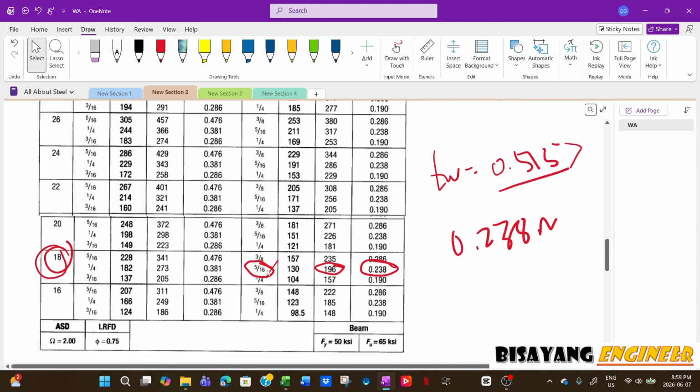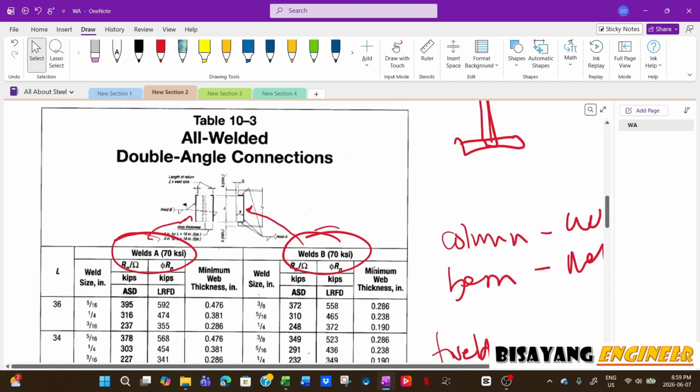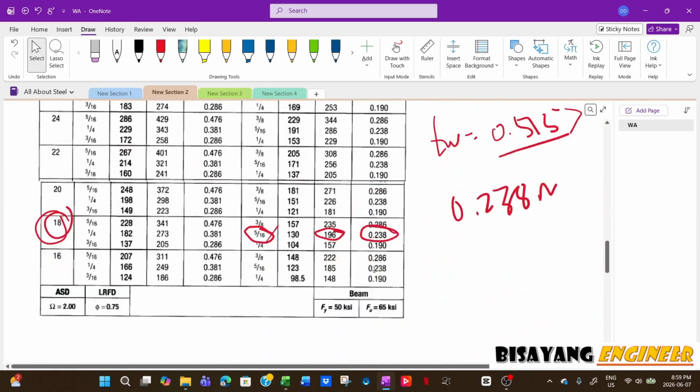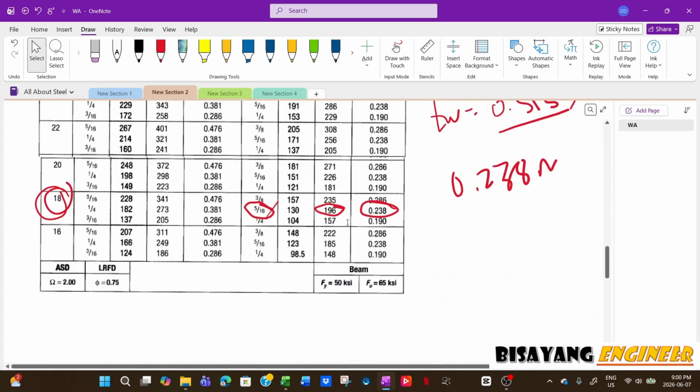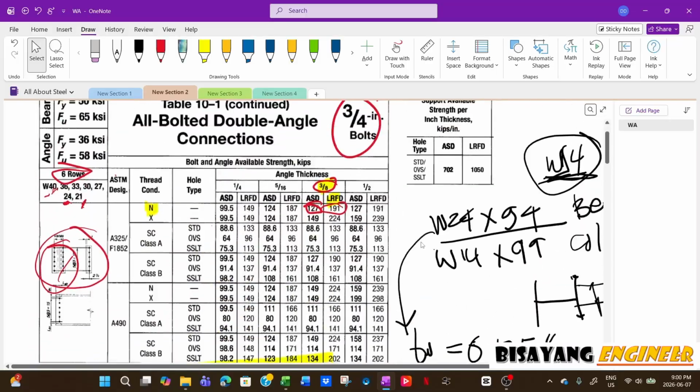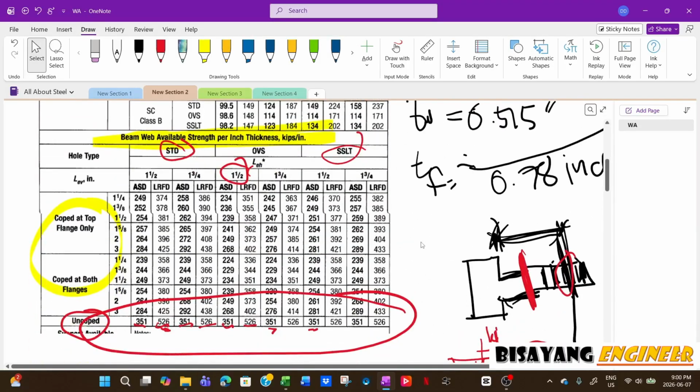So when you do the detail, you have to make sure that you meet all these assumptions that you use in the design. You have to have a length of 18. The size of the weld should be 5/16, and we already know that the thickness of the web is greater than the minimum thickness required. So in that regard, we are okay with our connection, and our capacity is 196, which is greater than 95.